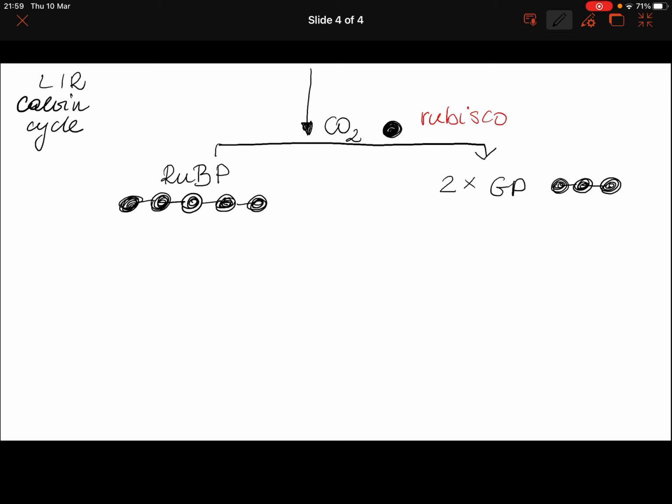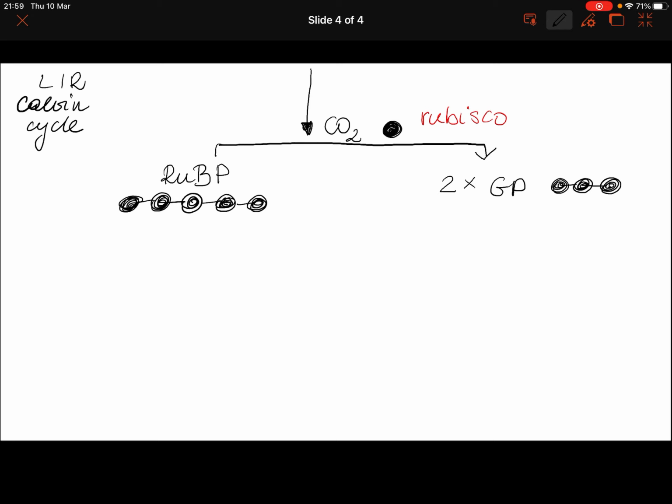So RuBP, ribulose bisphosphate, combines with carbon dioxide from the atmosphere. This reaction is catalyzed by the enzyme rubisco, which gives us 2 molecules of glycerate 3-phosphate.